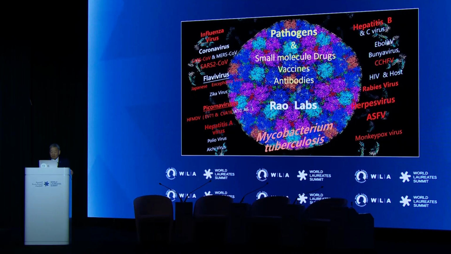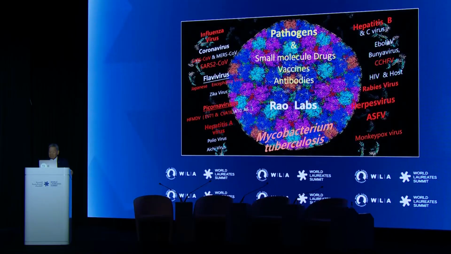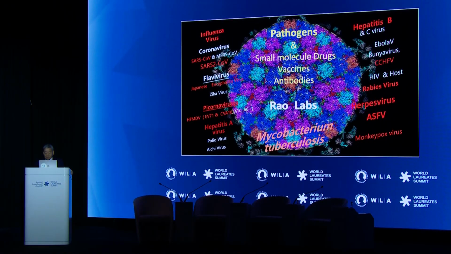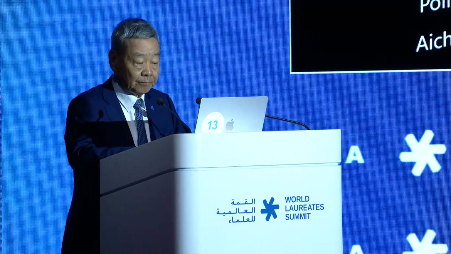They include flu, COVID, flavivirus, picornavirus, hepatitis B and hepatitis A virus, herpes virus, African swine fever virus, as well as a number of membrane protein complexes from Mycobacterium tuberculosis.